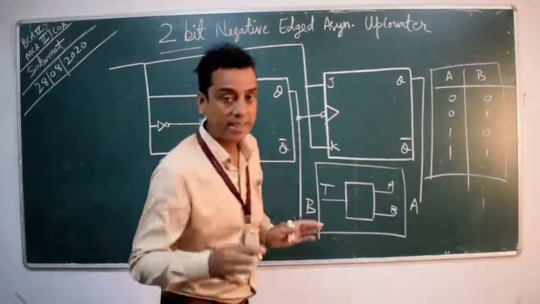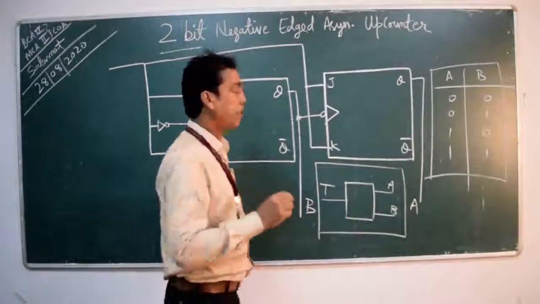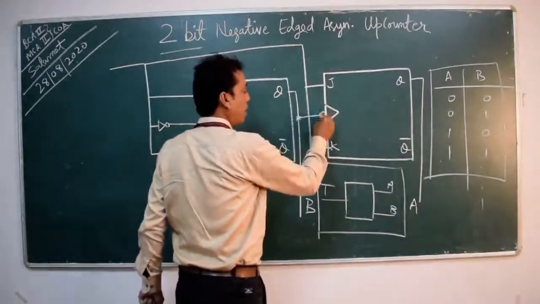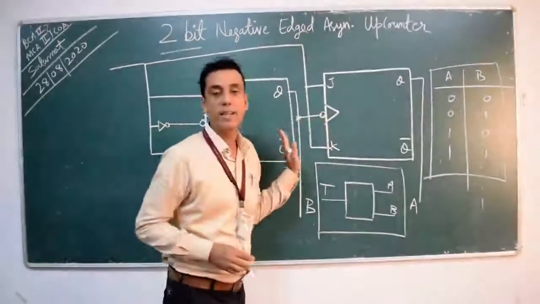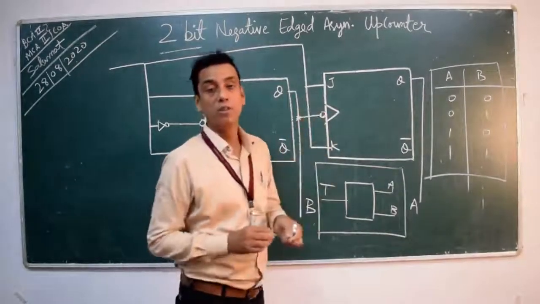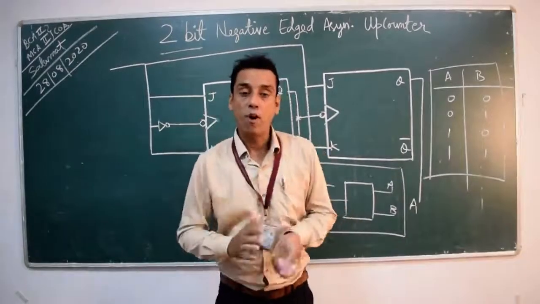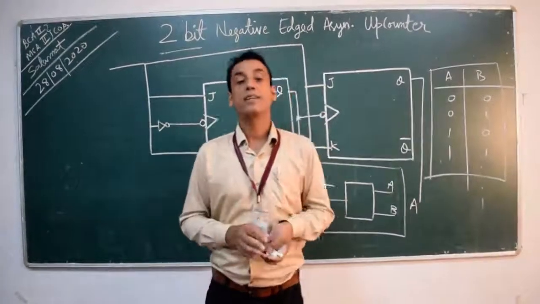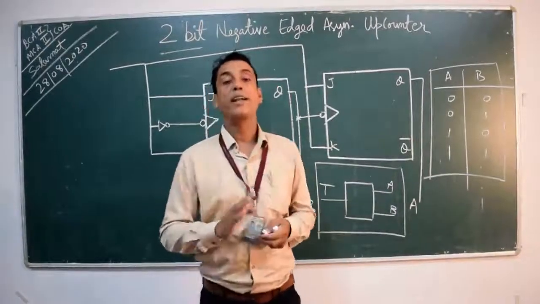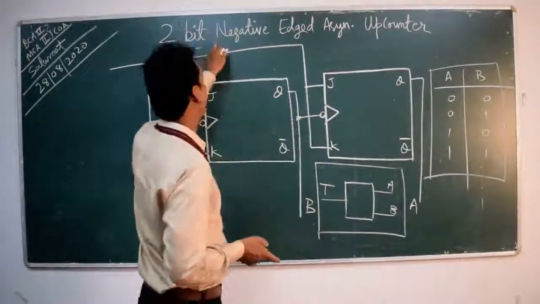Every flip-flop has an edge. If a small circle is embedded here, it signifies that this is negative edged. So if the flip-flop used to design the counter circuit is a negative edged flip-flop, then the counter will be known as negative edged.